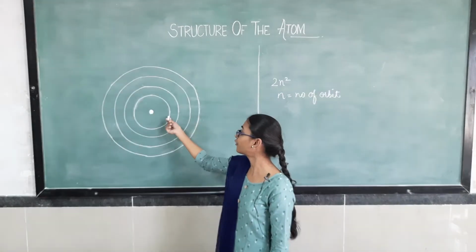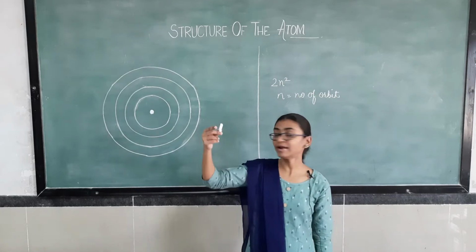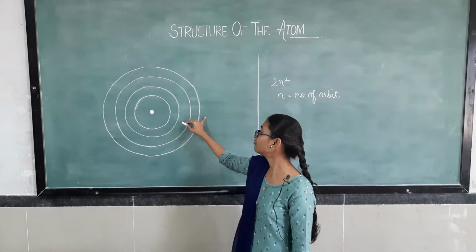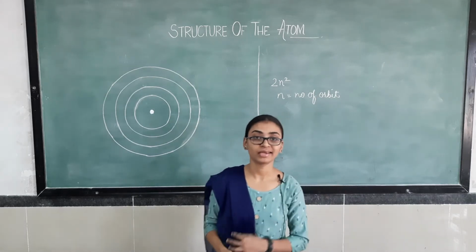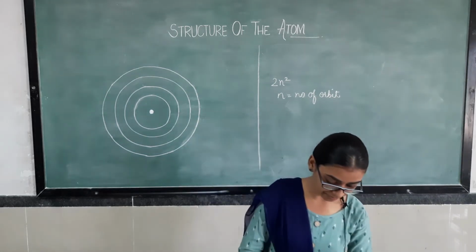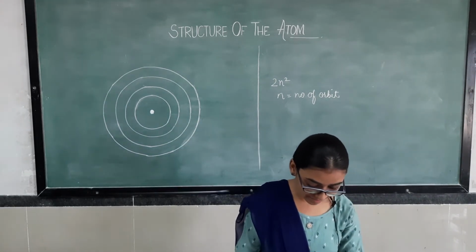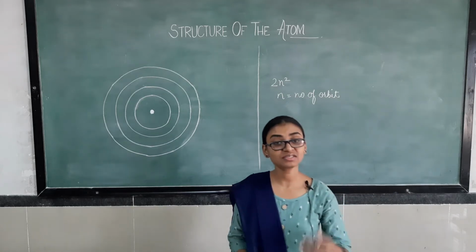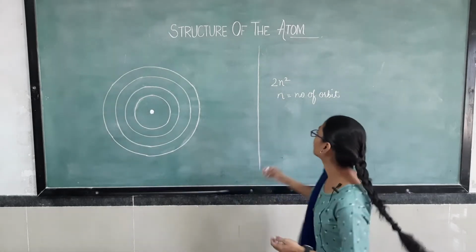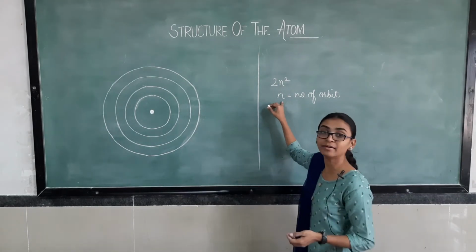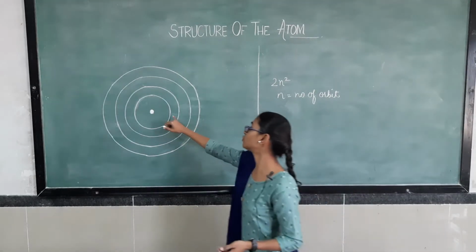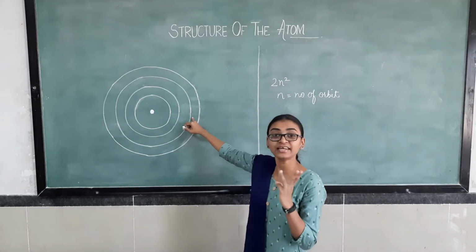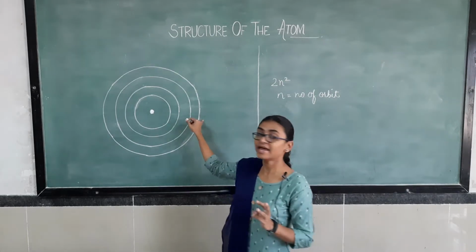For the K shell, n is 1, for L it's 2, for M it's 3, and for N it's 4. Is it clear? Hence, the maximum number of electrons in different shells are as follows. Now see how the electrons are arranged.